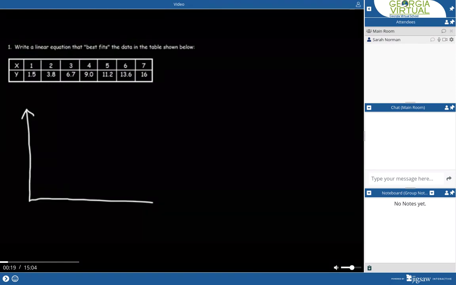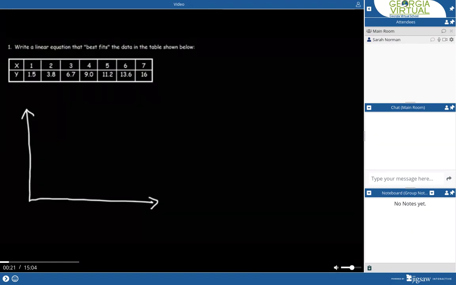Let's say we have these data points, which I'm going to highlight in blue. These data points don't all fall on a straight line. However, we can calculate the equation of a line that best fits this data, where all of the points are as close as possible to that line.